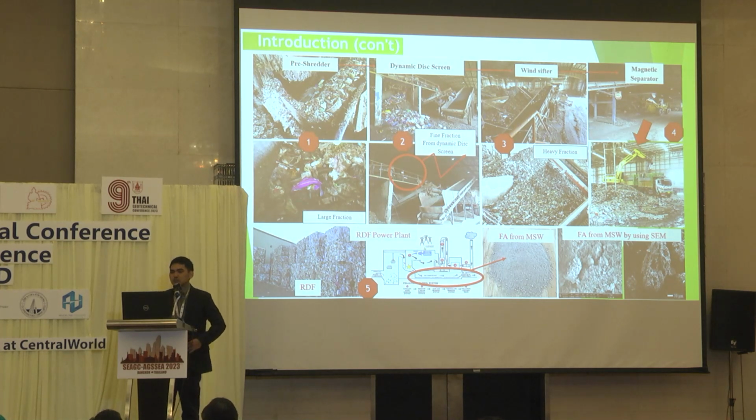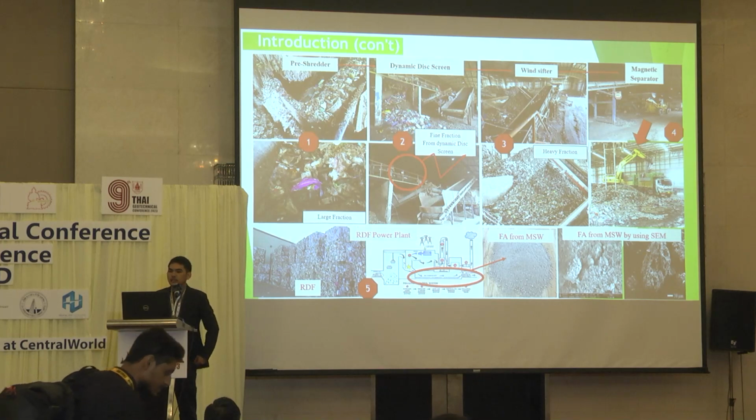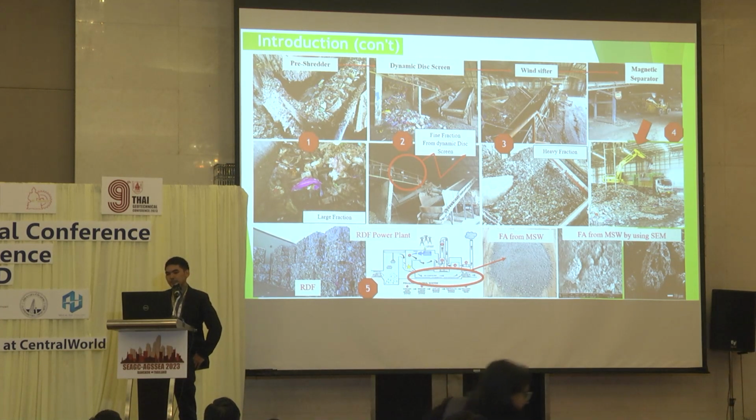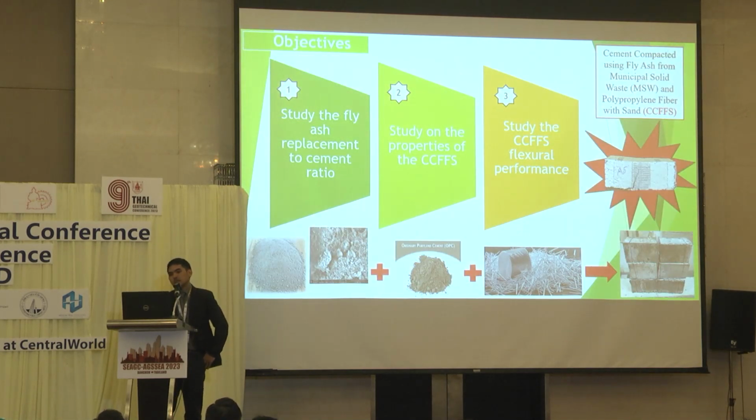Let's move on. The introduction continues. This slide shows the process of the RDF power plant, the raw material before the RDF power plant, and the fly ash, using the same method. Let's move on to the objectives. There are three objectives of this study.